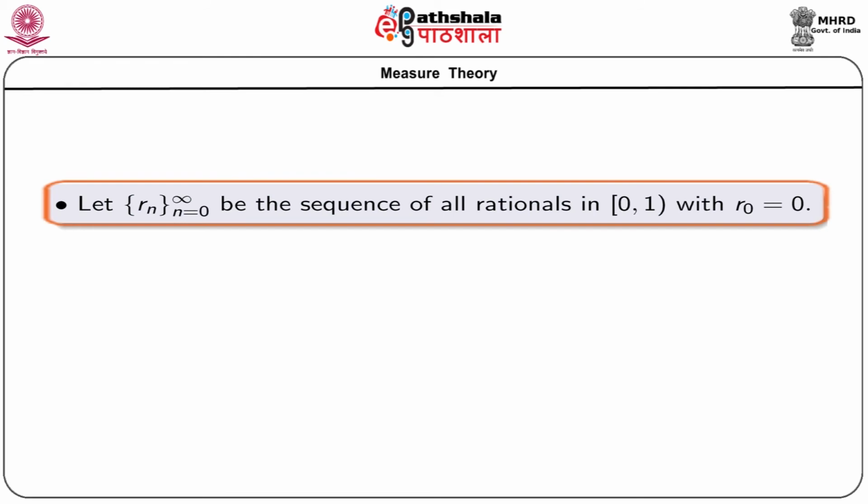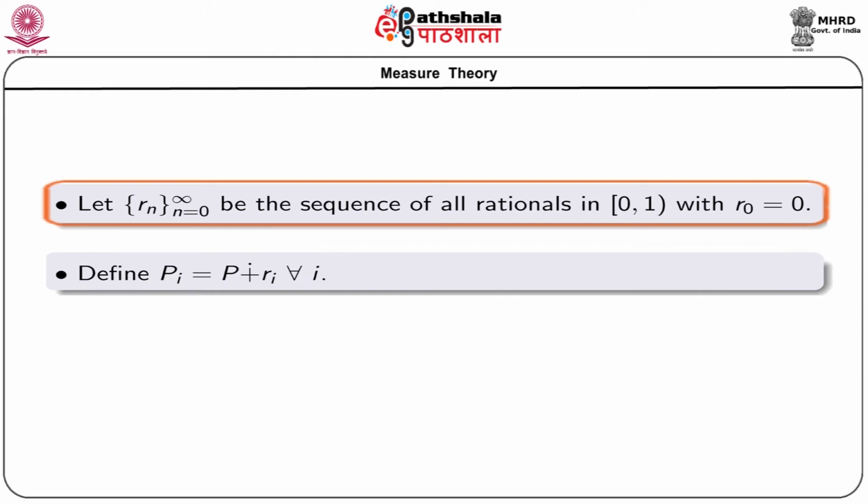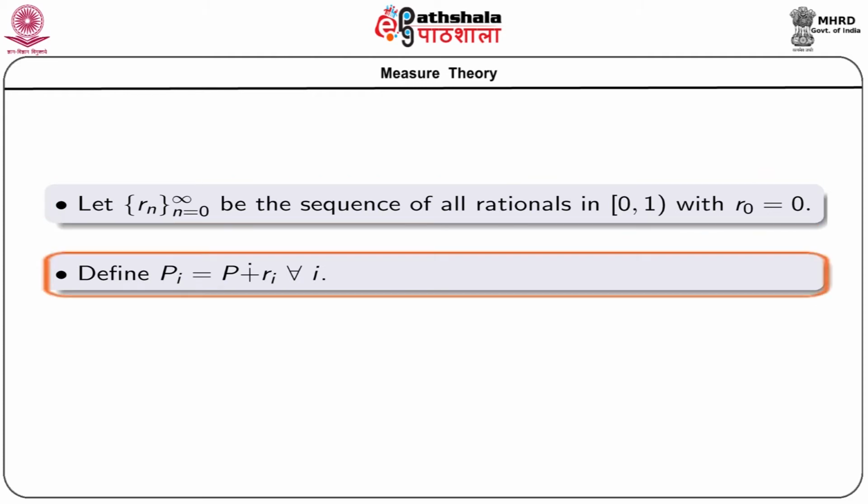For this, we start with the sequence of all rationals in [0, 1). Let R_n, n equal to 0 to infinity, be a sequence of rationals where we take R_0 equal to 0. Define P_i as P plus dot R_i for all i, that is, we take the set P and take the translate modulo 1 of this set P with respect to each of the rational numbers in [0, 1).